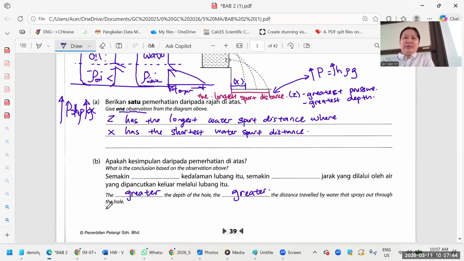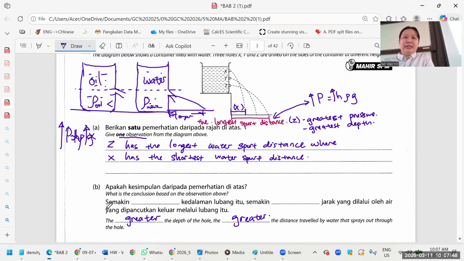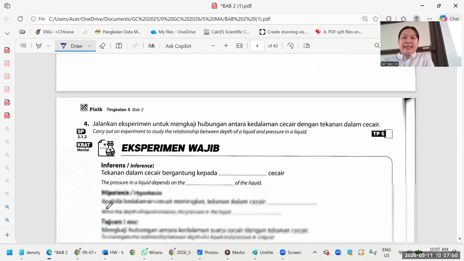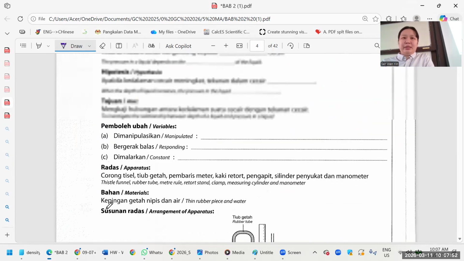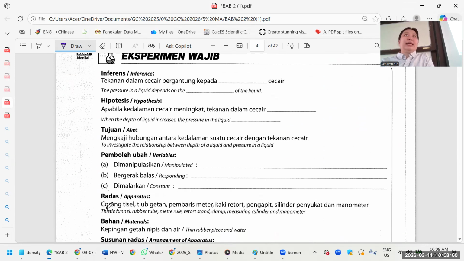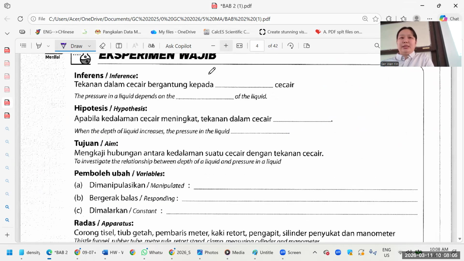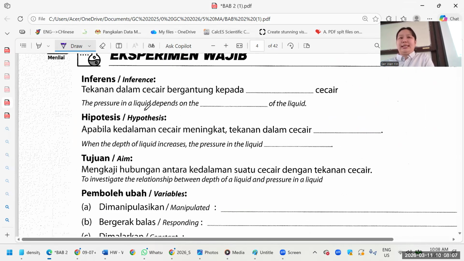All right, so now next. Yeah, commonly used. This experiment is, oh no, this is demo only. Like we see, in this experiment the pressure in liquid depends on the depth of the liquid.